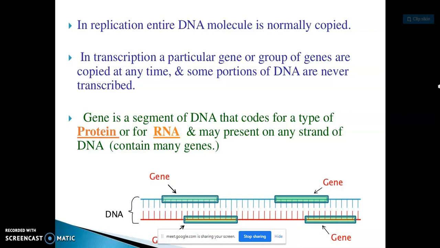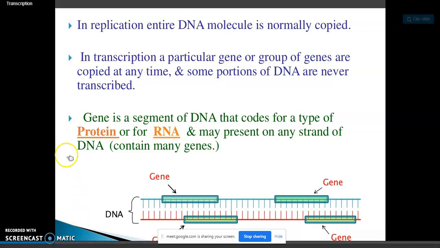But what about mRNA or RNA synthesis? In case of transcription, a particular gene or group of genes is copied at any time, and some portions of DNA are never transcribed.